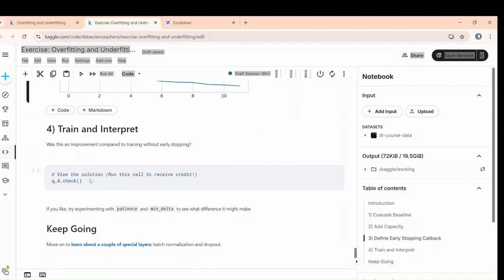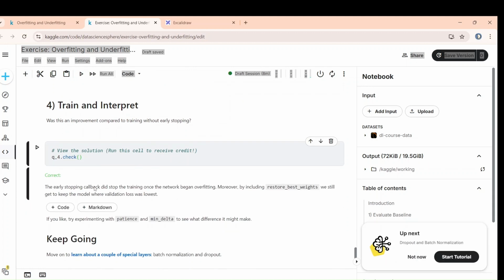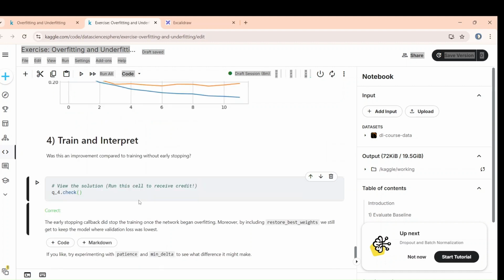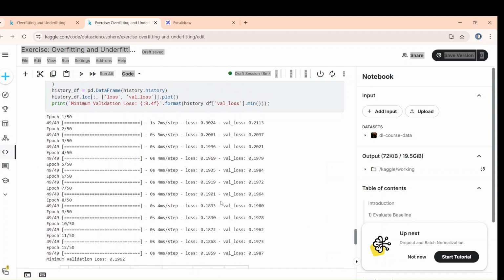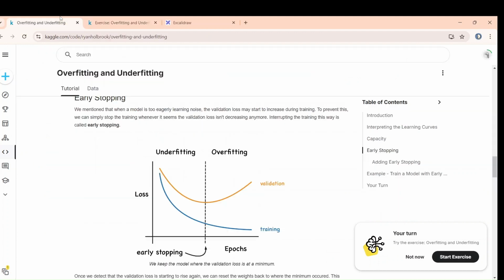Okay. Now was this an improvement compared to the training without early stopping? What do you think? The early stopping callback did stop the training once the network began overfitting. Moreover, by including restore_best_weights, we still get to keep the model where the validation loss was the lowest. Our job is to find where the validation loss is the minimum.